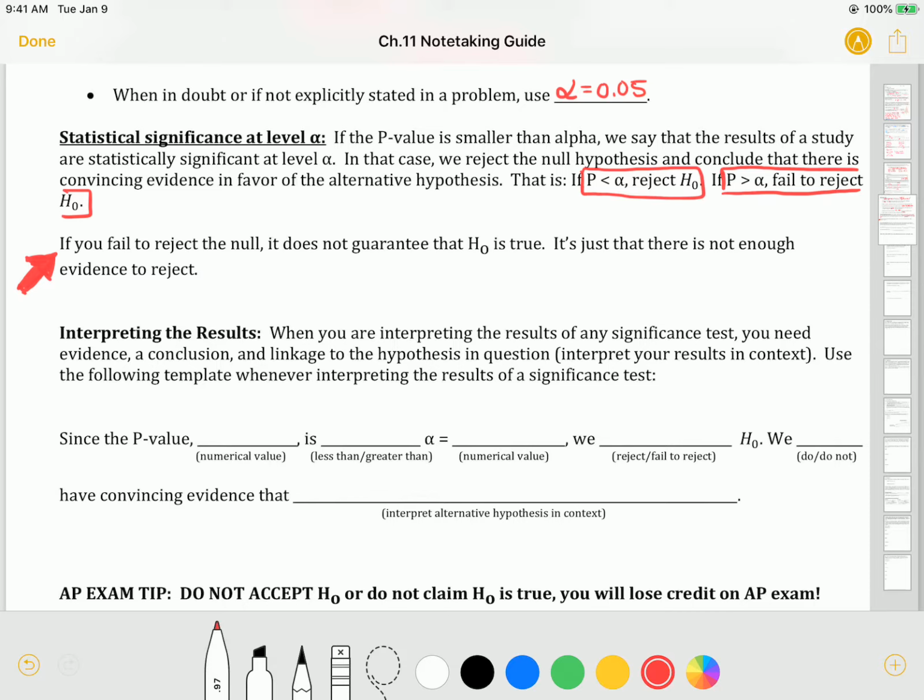It's just that the jurors did not think that the evidence presented in criminal court was good enough to prove beyond a reasonable doubt that he committed this crime. Okay? So just because we fail to reject the null doesn't necessarily mean the null is true.